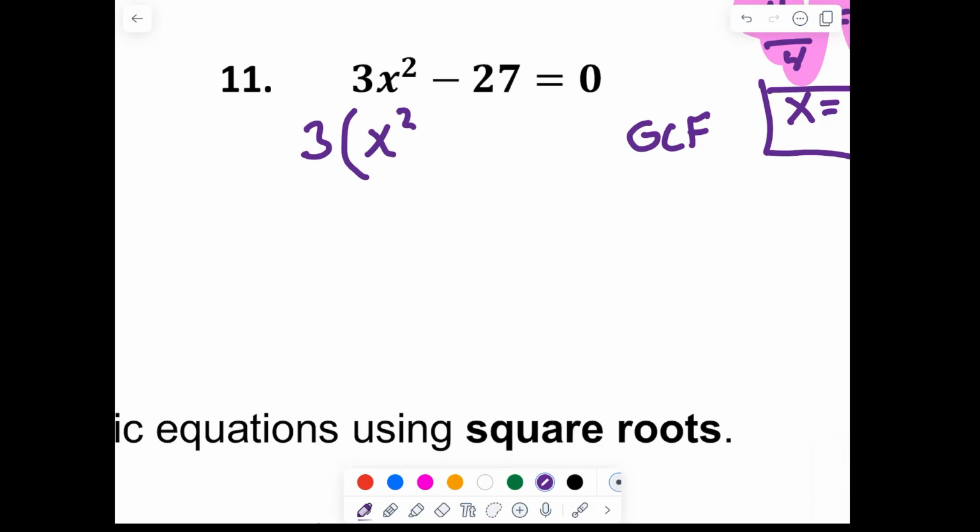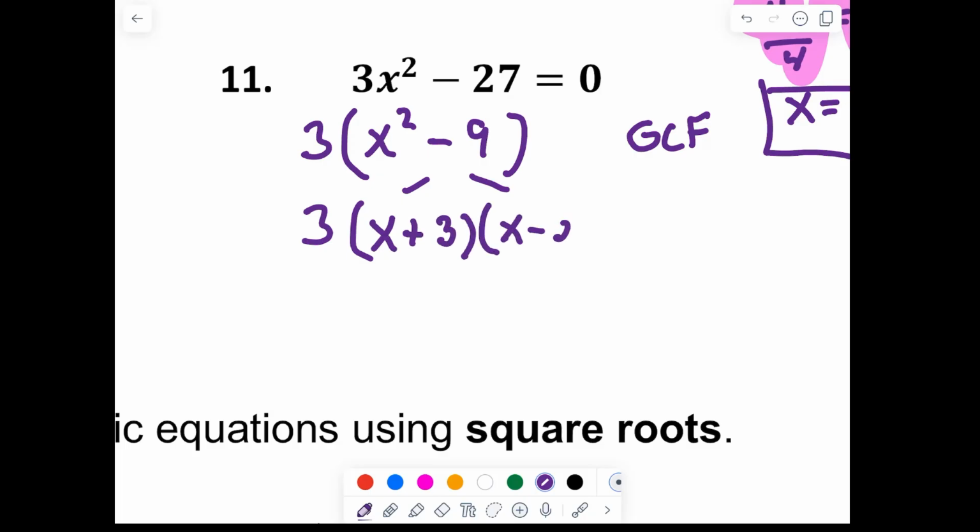Okay, and then the other one, like we had just seen, if we set that factor equal to 0, it's a 2-step equation. I'd be subtracting 7 from each side of the equation first, and then dividing by that coefficient of 2. All right, so that's going to give me a solution, or a 0, of this right here. All right, there's my 2 solutions. Well, one more to go.